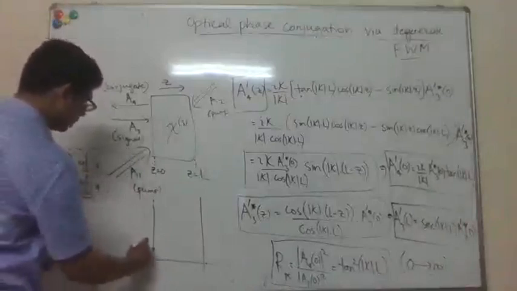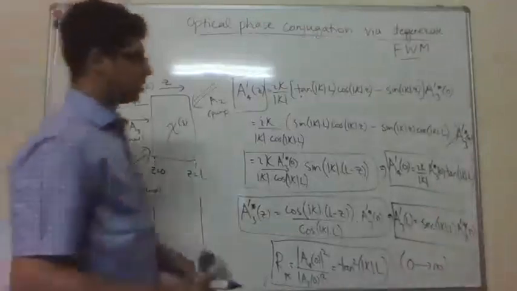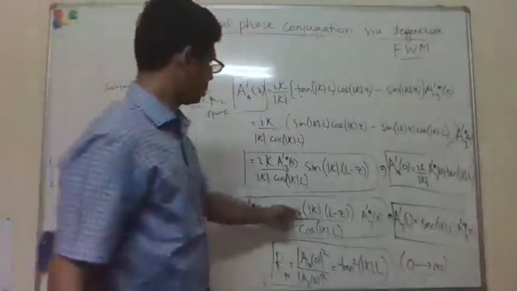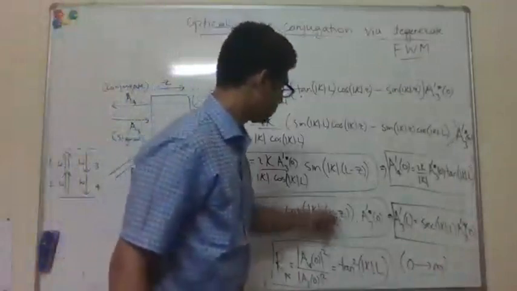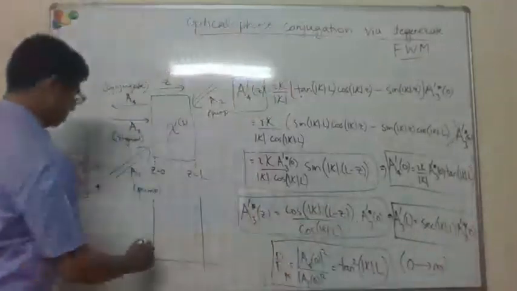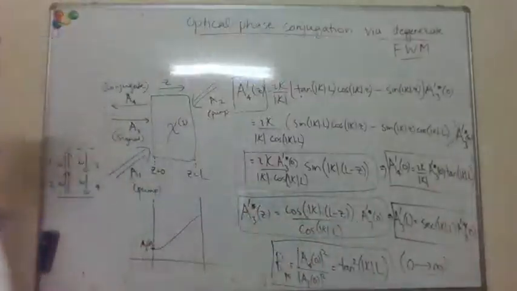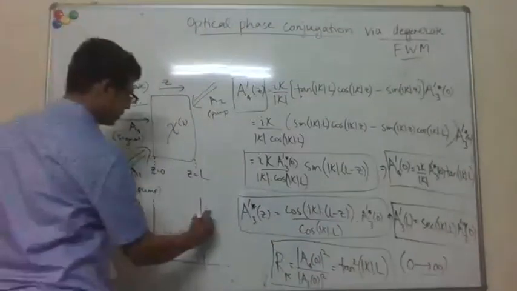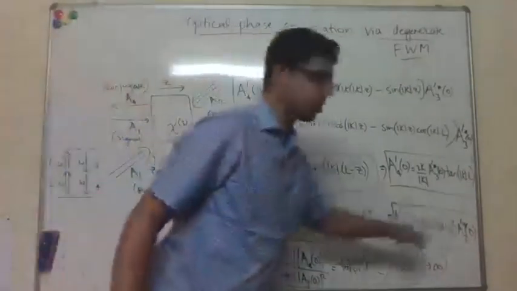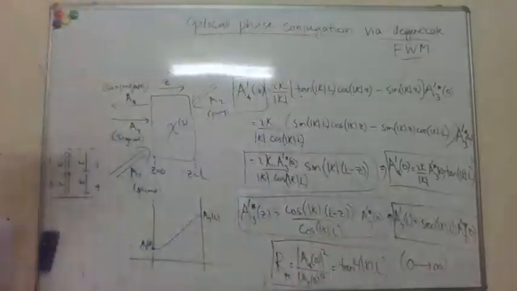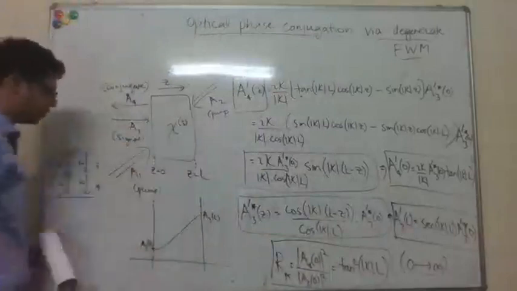So this is A3 at 0, and then it increases in amplitude as Z increases. It goes something like that. Finally A3 at L is secant kappa L times A3 at the input. So that's the signal wave, which experiences amplification inside the medium.